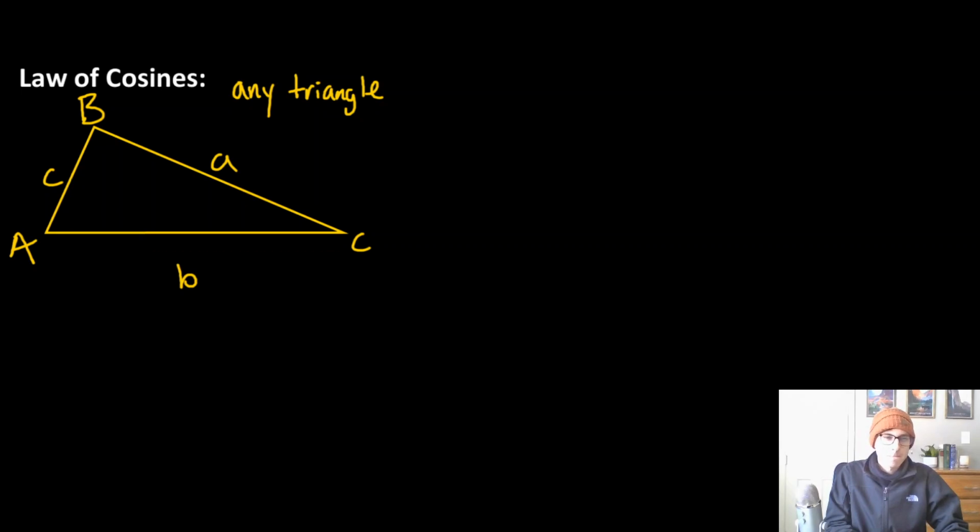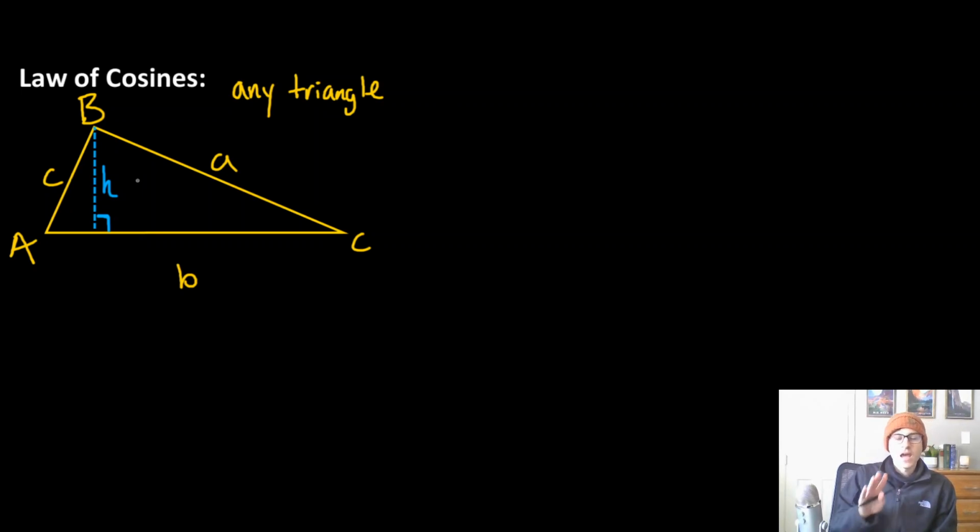So in order to use sine or cosine, we need right triangles, right? So let's go ahead and make some right triangles, because we can do that. I'm going to drop an altitude here, and we'll call this our height so that I can use cosine. Now, here's what I'm trying to do.